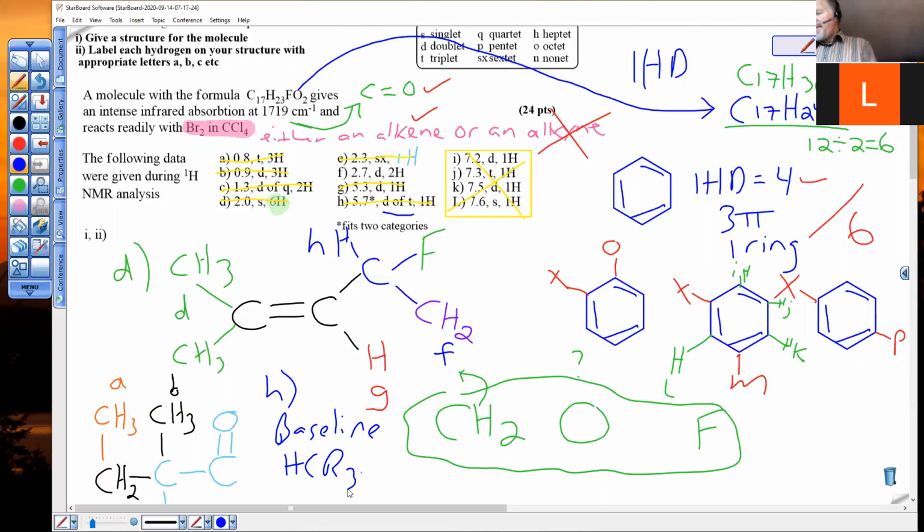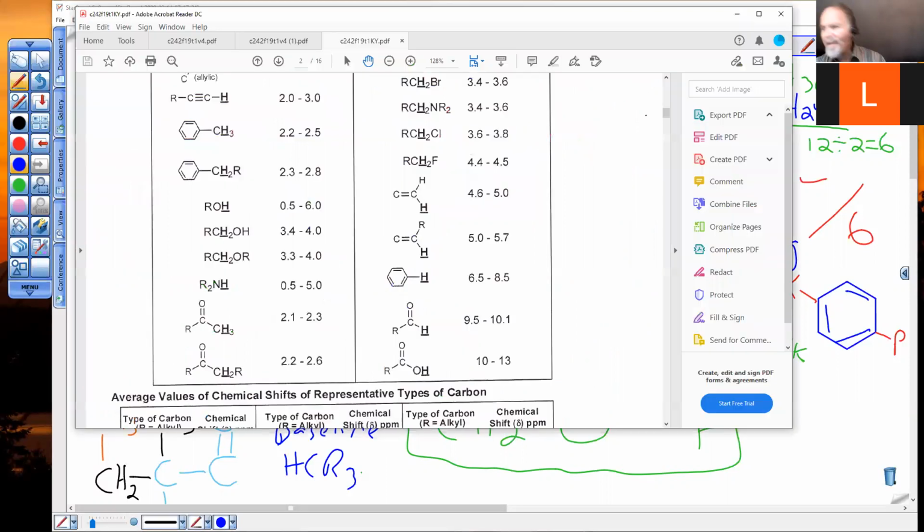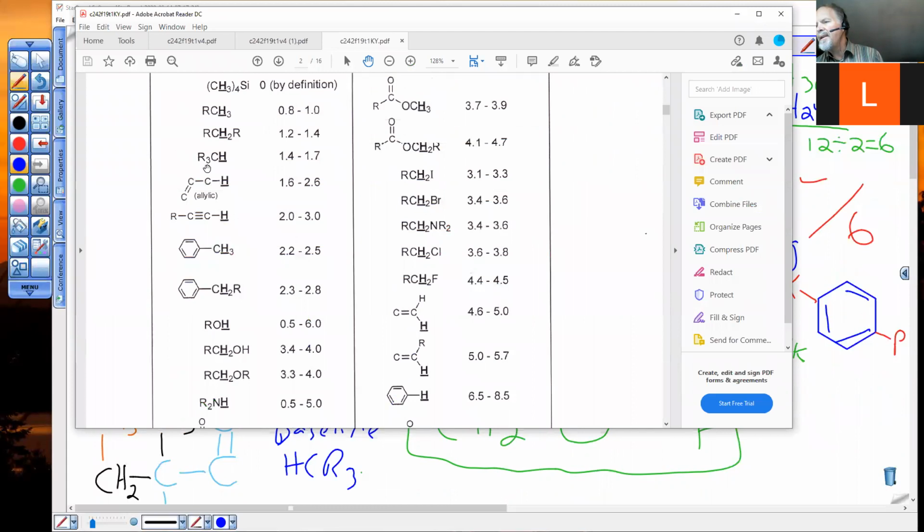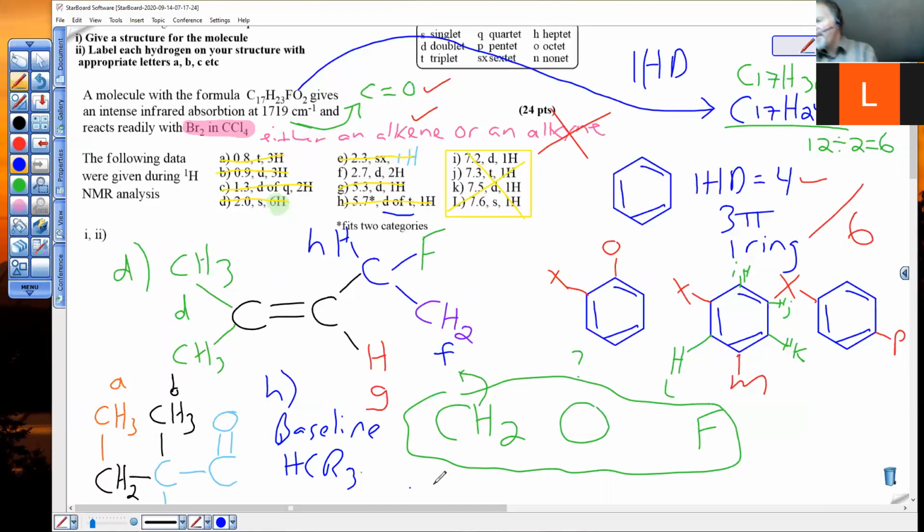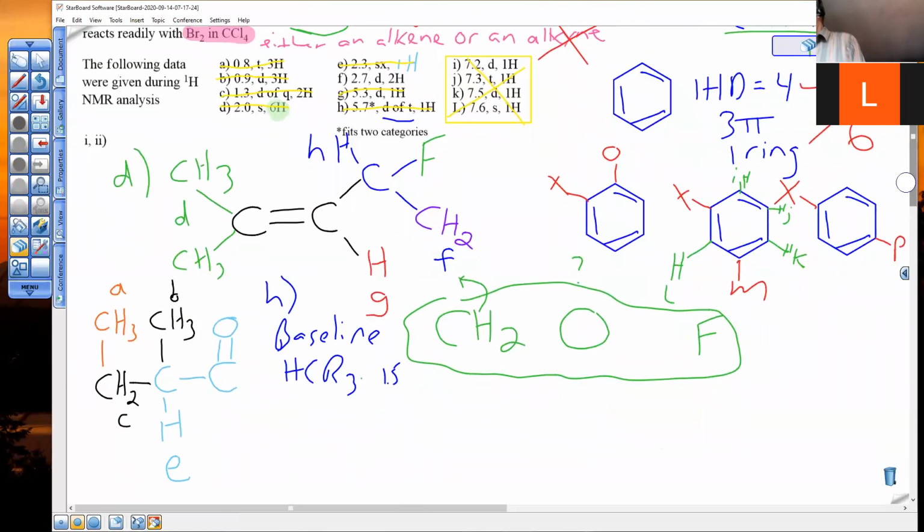HCR3. I believe 1.5 fits that up here. 1.6, I'll call it 1.5. Stick with my gut. And that's 1.5. And then we're going to see what happens when we're putting RCH2F. RCH2F.